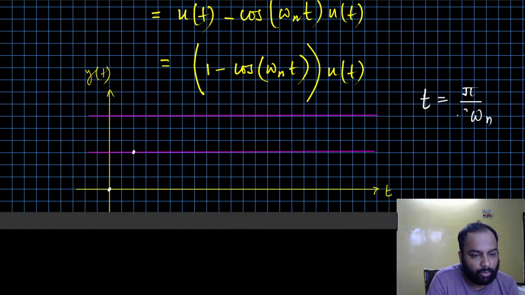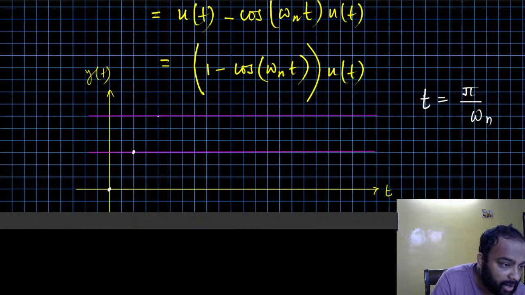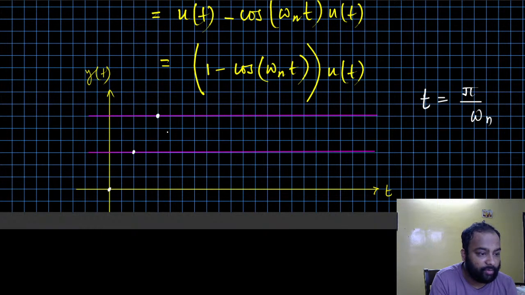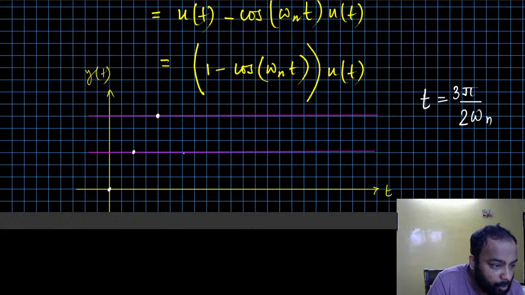Now what about the value of the output when t is pi by omega n? When t is pi by omega n, we have cosine pi, but cosine pi is -1, so the output is going to be 2. That's the point we are looking for. Similarly, when time is 3 pi by 2 omega n, this is going to be cosine 3 pi by 2, which is once again 0, so the output at that point is going to be 1.